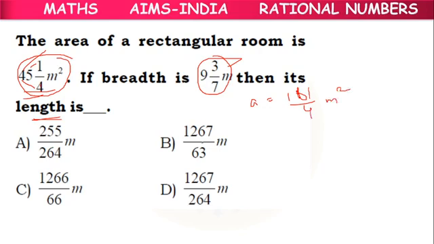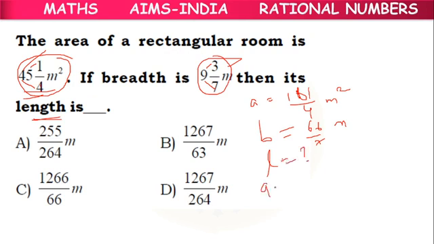This is the area. What is the breadth? 9 3 by 7. 9 sevens are 63 plus 3, 66. 66 by 7 meters. Now the question is, what is the length?